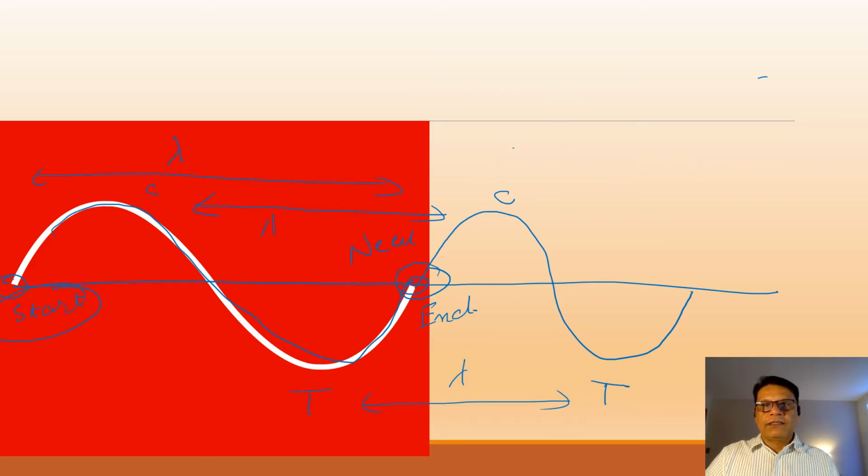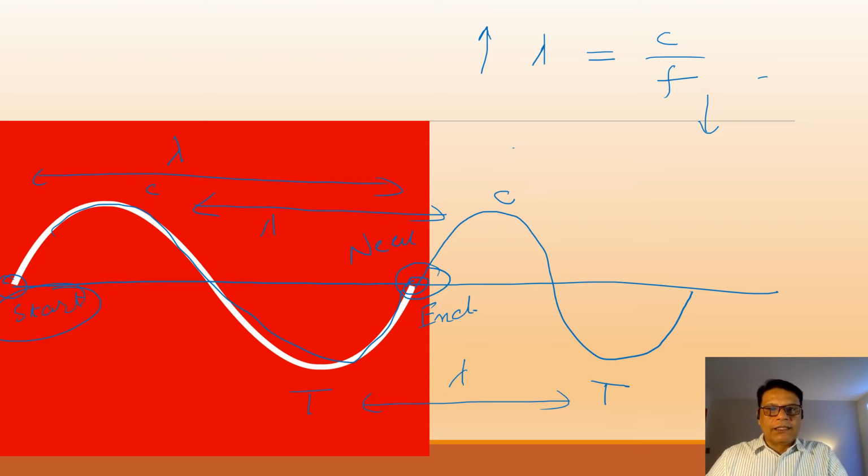Wavelength has an inverse relationship with the frequency. When wavelength increases, frequency decreases, and vice versa.